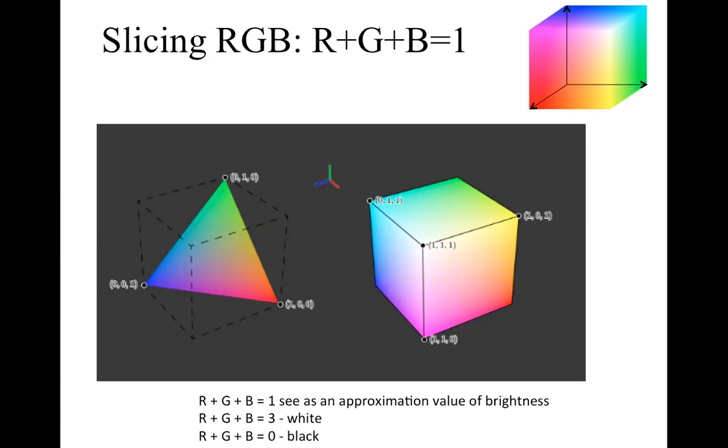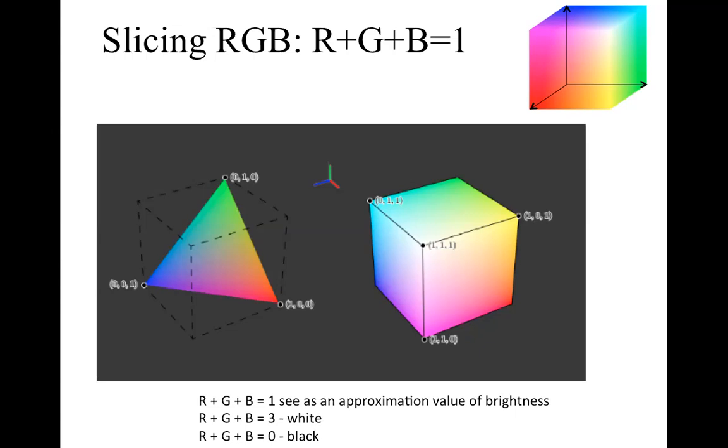And of course, if you move this plane to the value R plus G plus B equals 0, you obtain the minimum value of the brightness, which corresponds to black.